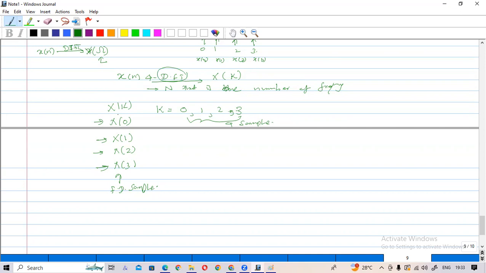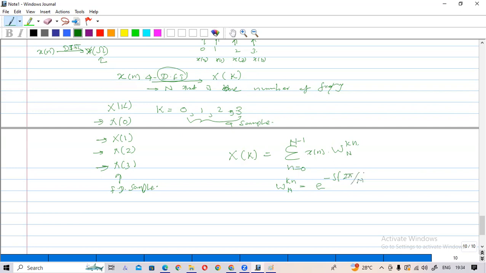So now you have to get 4 points: X(0), X(1), X(2), X(3). Commonly, X(k) is given as the sum over n from 0 to N minus 1 of x(n), and here it is written with W. This W_N^{kn} is defined as e to the power minus j 2π over capital N times kn. Instead of W_N^{kn}, you can directly use this.